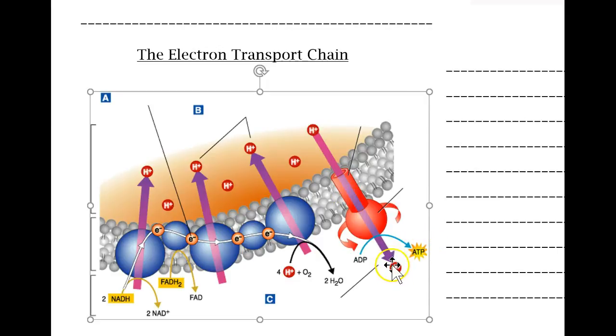The hydrogen ions will be pulled out, and they're going to be pulled back in by the pump. So we get some more ATP produced there. About 34 ATPs can be produced by this process. So that is the electron transport chain.